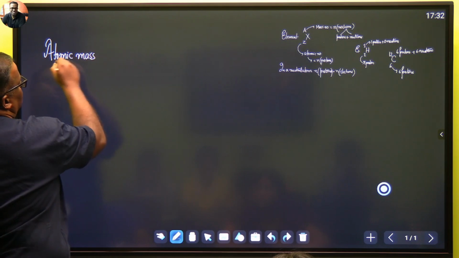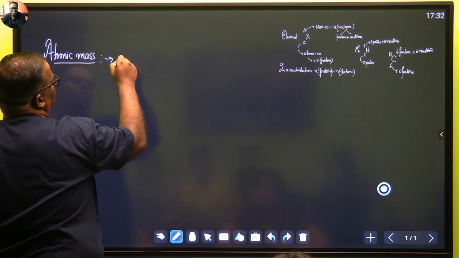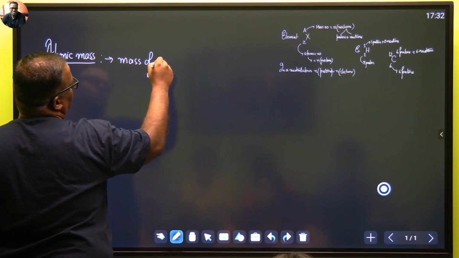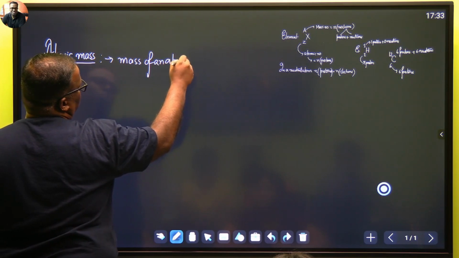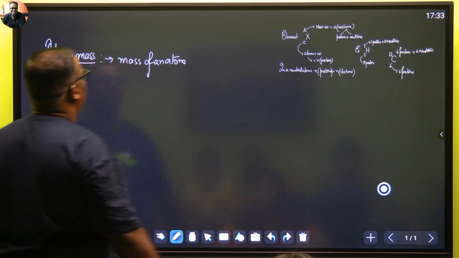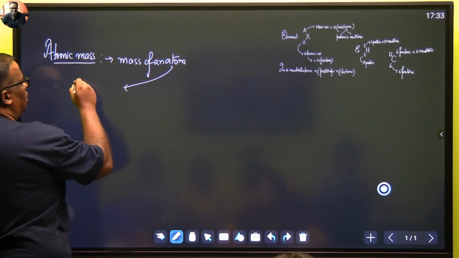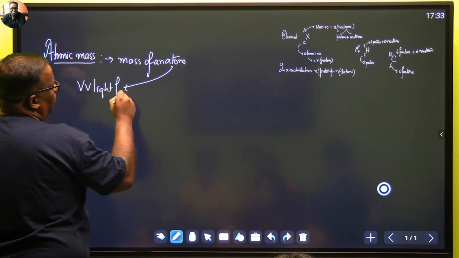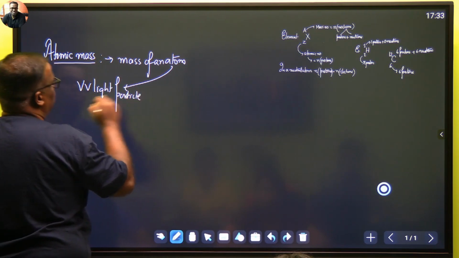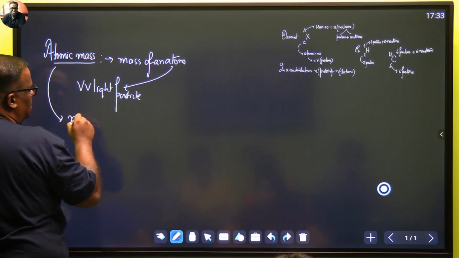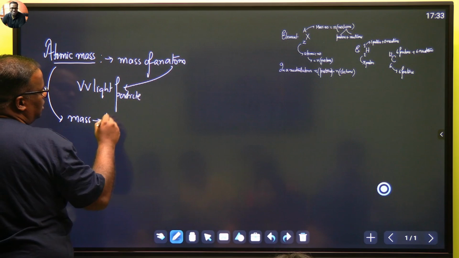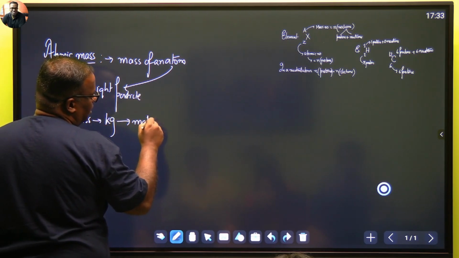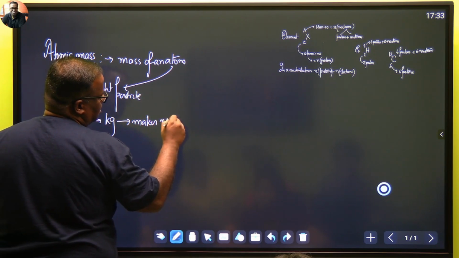Atomic mass, which straight away means, now we are at an advanced stage, we'll learn in an advanced manner, the mass of an atom, right? An atom being a very, very light particle, if you try to measure the mass in the standard SI unit for mass, that is kg, it practically makes no sense.